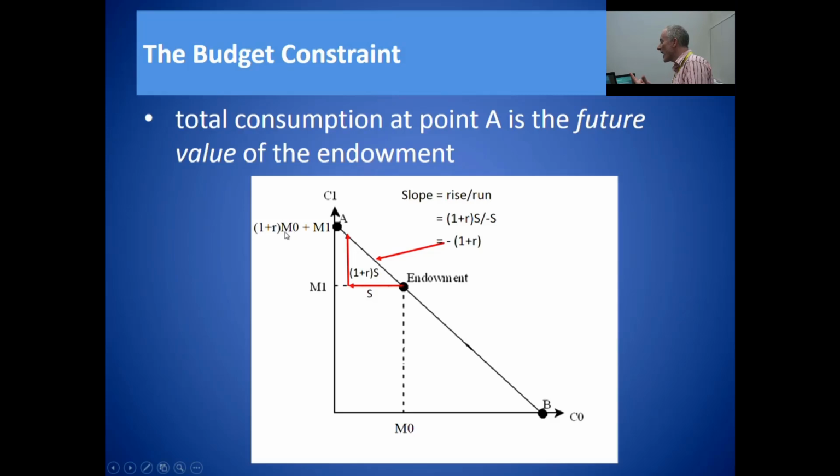We're saving M0. And so the total return is 1 plus r times M0. That is saving and its return. That is future income. And that is the maximum level of consumption in the future. And that is known as the future value of the endowment.